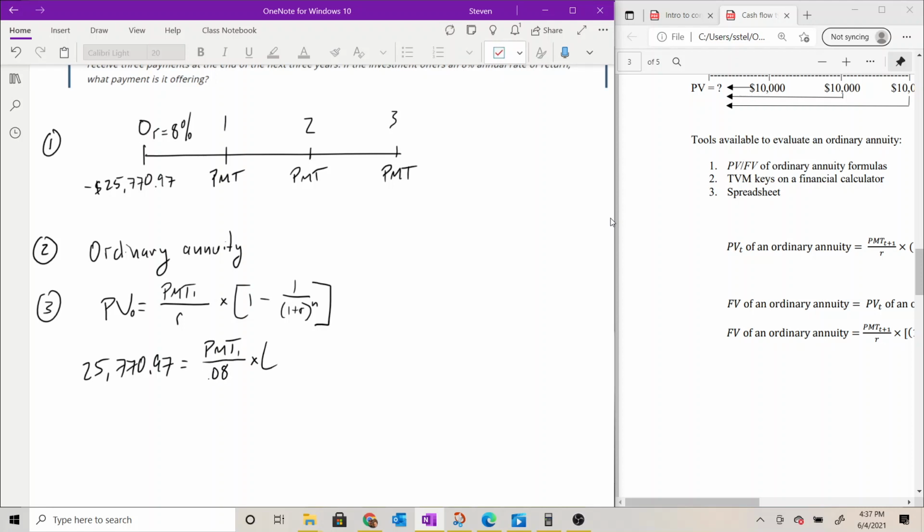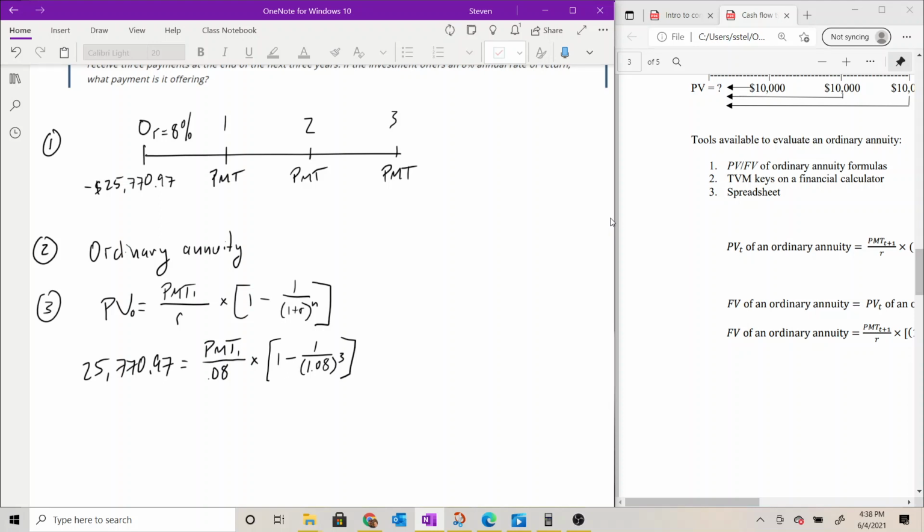And then we're going to multiply that by 1 minus 1 over 1 plus r. R again is 0.08, so 1 plus 0.08 is 1.08, raised to the 3. And there we go. We've got everything plugged in.